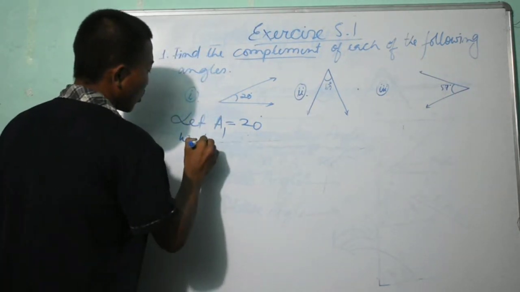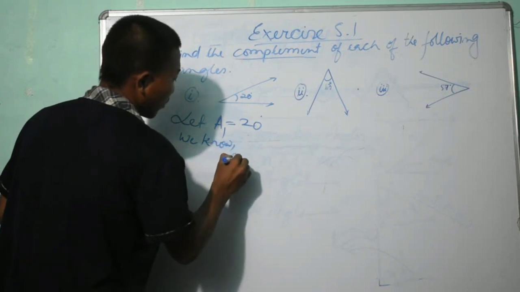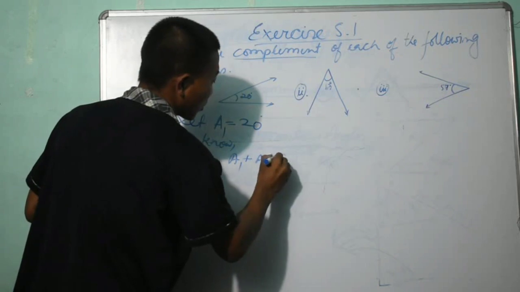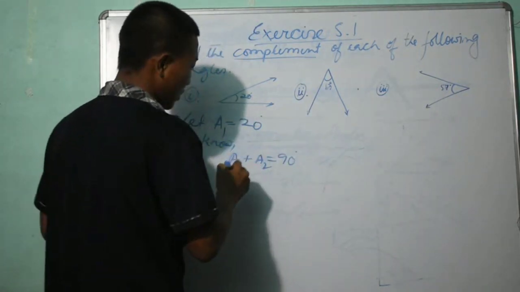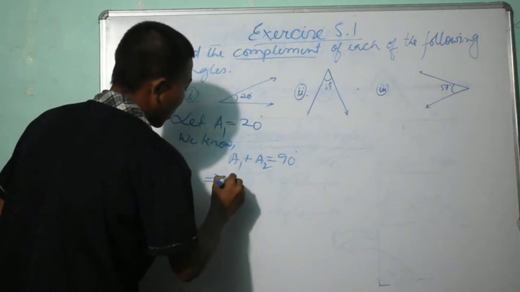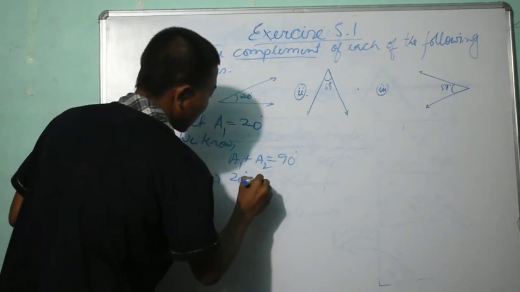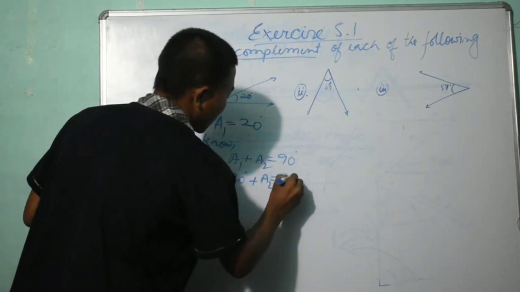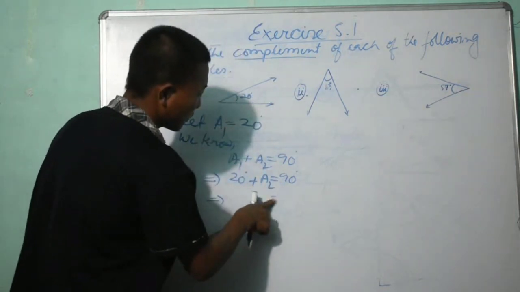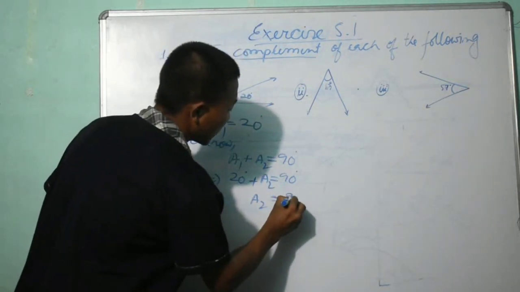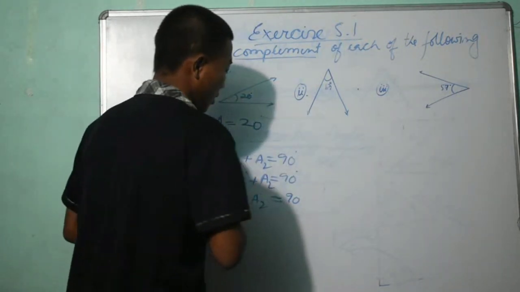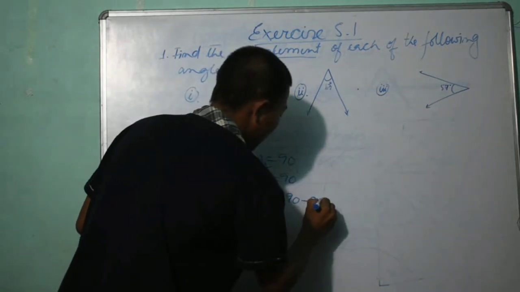We know that for complementary angles, angle 1 plus angle 2 is always exactly equal to 90 degrees. So we know the measure of angle 1, which is 20 degrees, and A2 is 90 minus 20. When 20 degrees is transferred to the right side, it becomes minus 20 degrees.